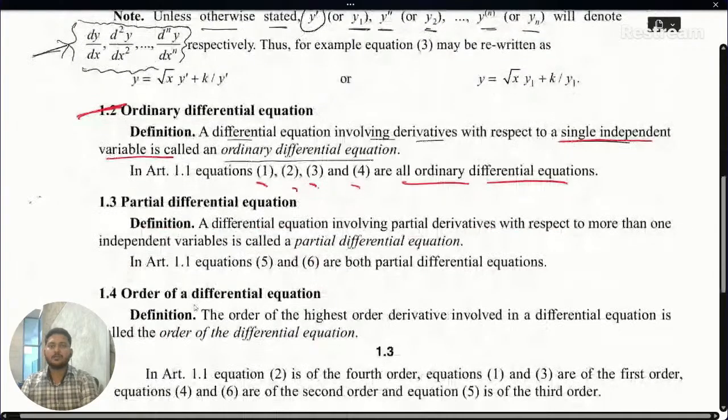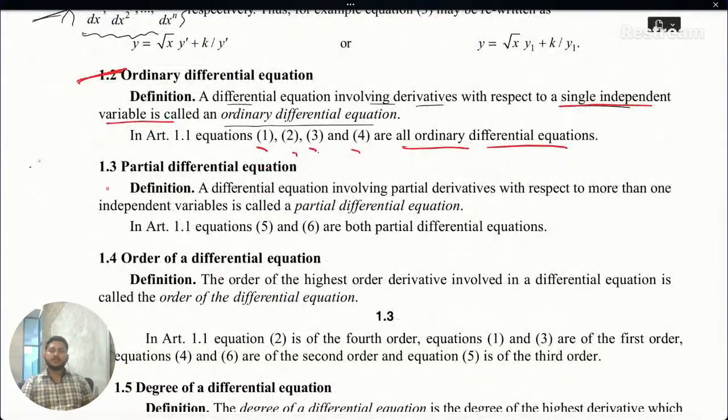Now come to the next point, which is the partial differential equation. What does it mean? It is a differential equation involving partial derivatives with respect to more than one independent variable. Let me show you in class: equation number 5 and equation number 6 are examples of PDE.